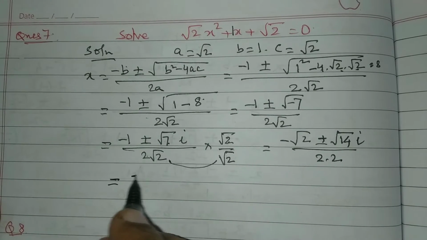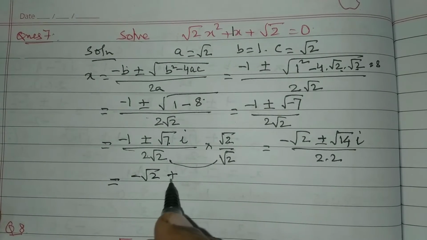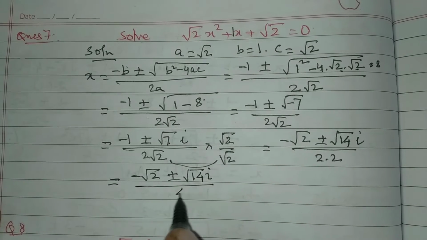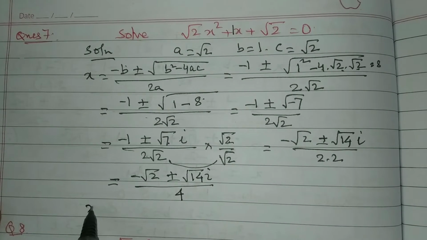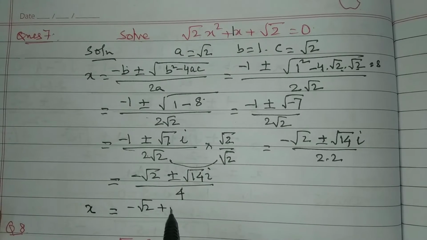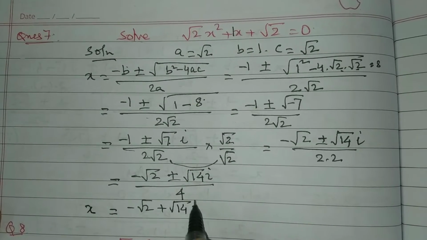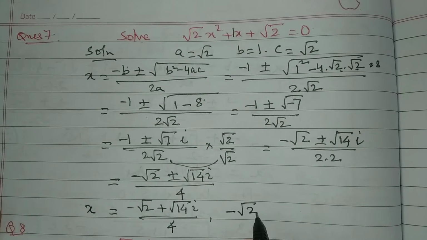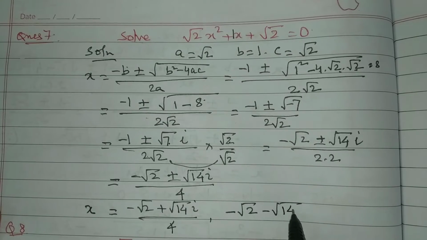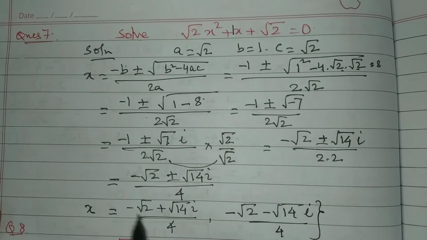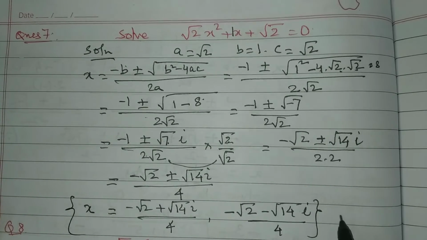So here will be minus root 2 plus minus root under 14i by 4. So there are two values of x, minus root 2 plus root 14i by 4, and second is minus root 2 minus root under 14i by 4. So there are two solutions of this equation.